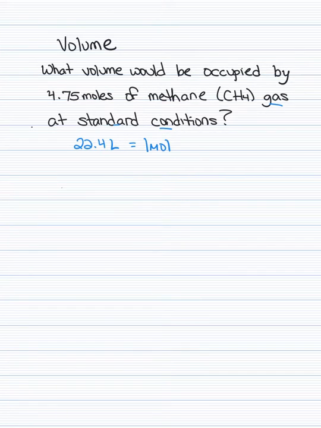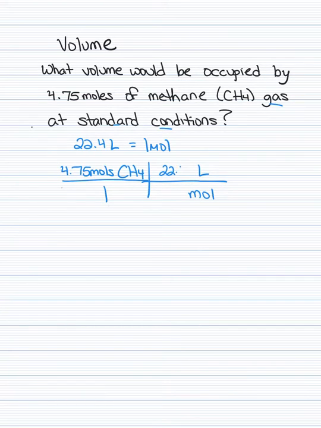So we're going to set this up that we have 4.75 moles of CH4. Put that over 1. Moles is on the top, so moles will be on the bottom. And there are 22.4 liters in 1 mole, so our answer should become 106 liters of CH4.